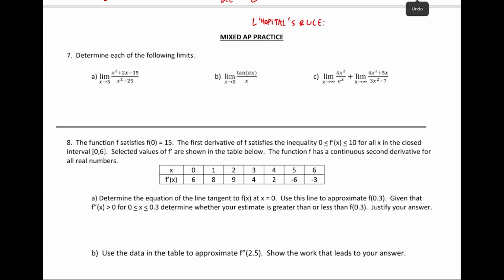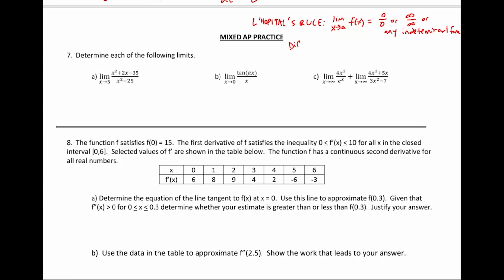If you have an indeterminate limit, meaning if you plug in whatever x is approaching and you get something like the limit as x approaches a of some function equals 0 over 0 or infinity over infinity, or any indeterminate form where you can't actually compute it, then what you can do is take the derivative of both the top and the bottom and then try direct substitution again.